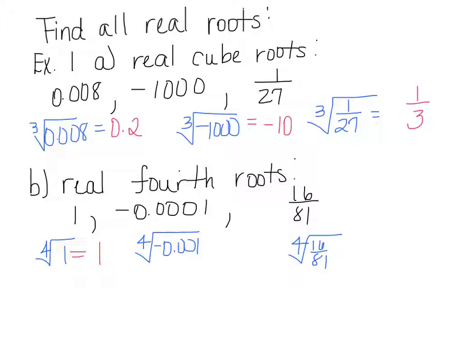The second one, since our base is negative, this is no real root. And I forgot, remember, this one will have 2, plus and minus. And then this one will also have 2, plus and minus, 2 over 3.